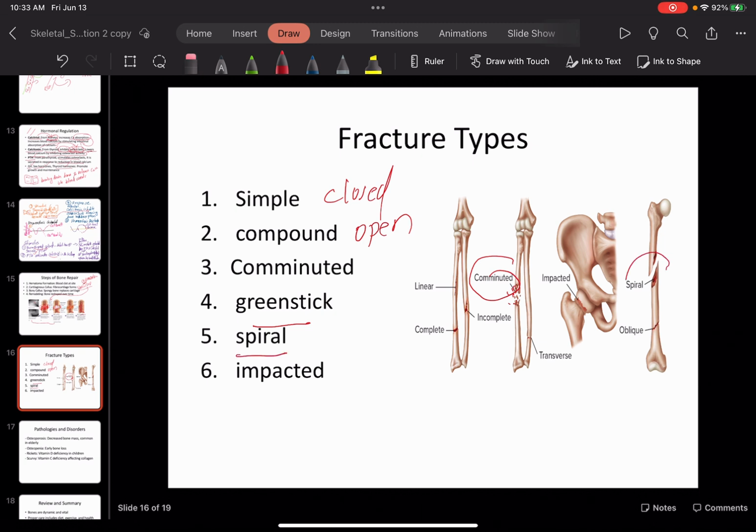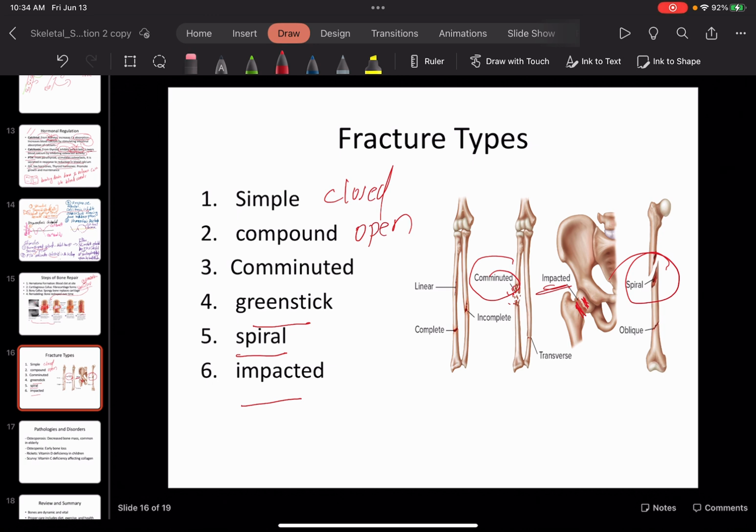Impacted: one bone fragment is driven into another one. This is in the pelvic region. This is the head of the femur, and the neck region is actually breaking back. So these are different types of fractures.